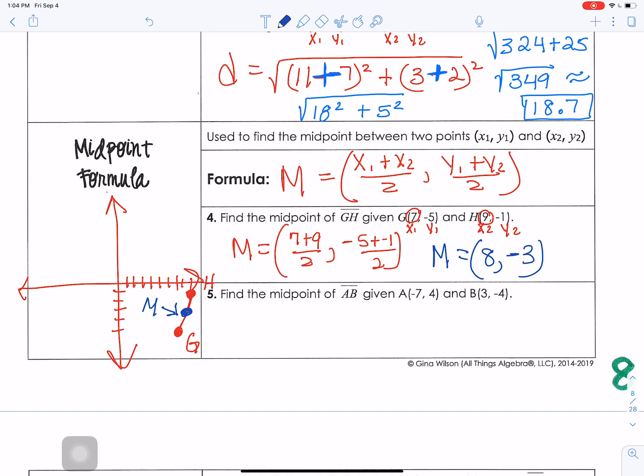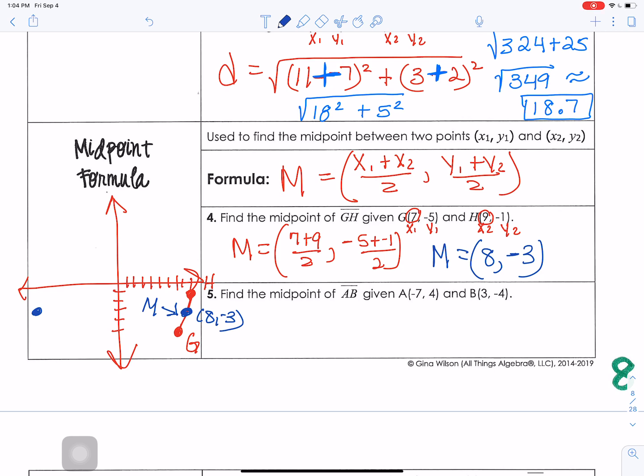And I can look over here at my graph. Does 8, negative 3 look reasonable? It does. Had you made a mistake and gotten, say, negative 8, negative 3, and you ended up over here, you could say, there's no way that's the midpoint of that segment. So one thing I love about midpoint is that if you make a graph, it's super easy to check it.